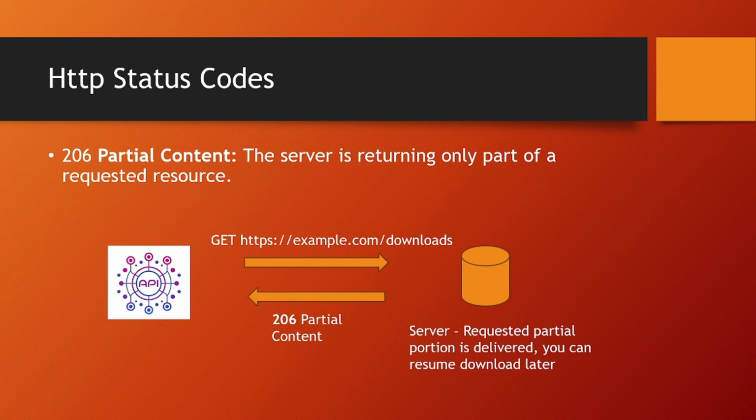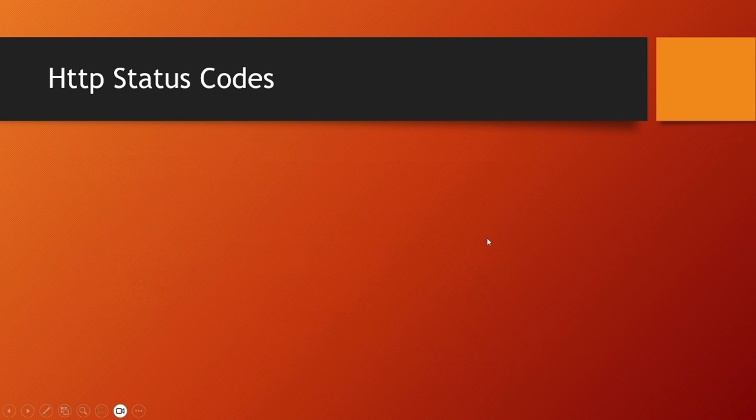This kind of status code, 206 partial content, is really helpful when you are dealing with large files or streaming services. Any kind of streaming service like Netflix uses these kinds of status codes. So this is also a successful response, but it gives you partial content. So this was all about that.